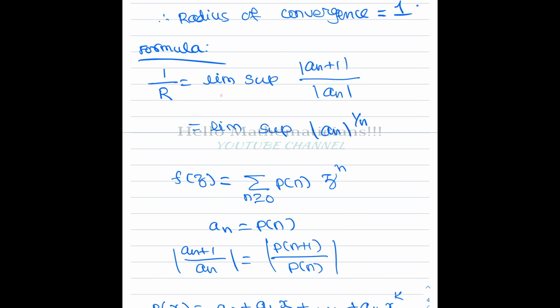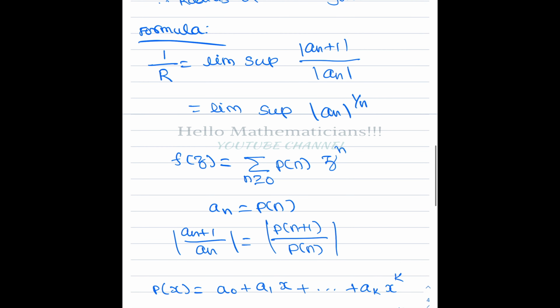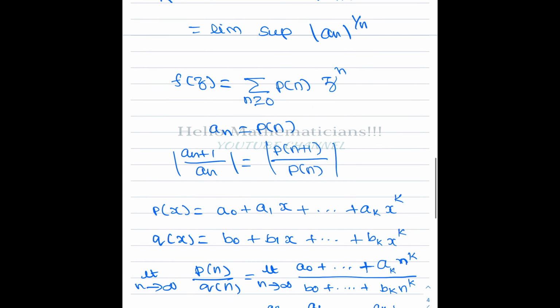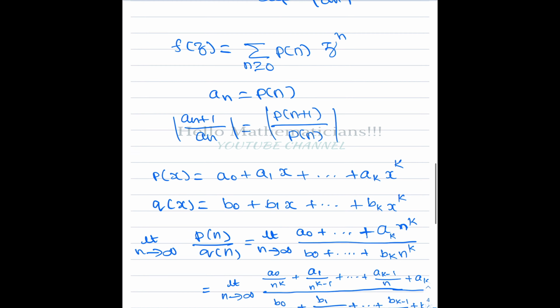If the limit of mod a n plus 1 by mod a n exists, then that will be equal to limit sup of mod a n plus 1 by a n, and also equal to limit inf of mod a n plus 1 by mod a n. So if this limit exists, then we don't need the supremum. In our example this limit of a n plus 1 by a n will exist, so we don't need the supremum. So we calculate a n plus 1 by a n.